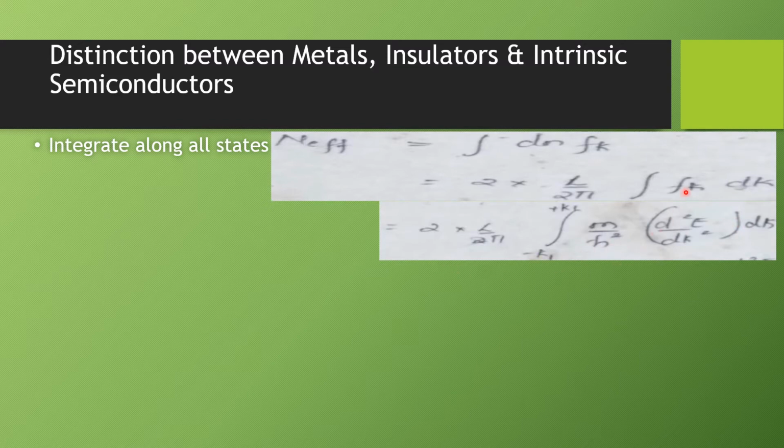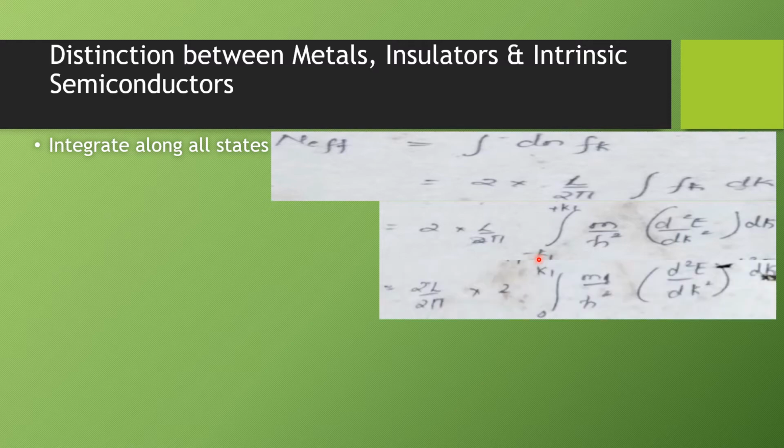We can substitute the degree of freedom f_k as m by h cross squared into d square E by dk square, with the limits minus k1 to plus k1. The band is filled only till plus minus k1. We will change the limits from 0 to k1, so that we multiply the integral by 2.